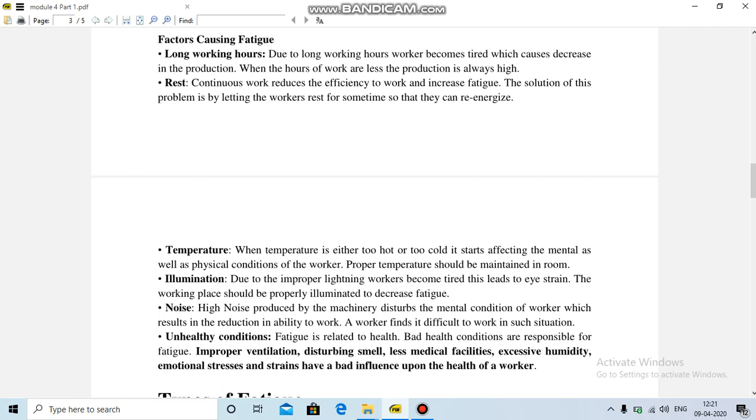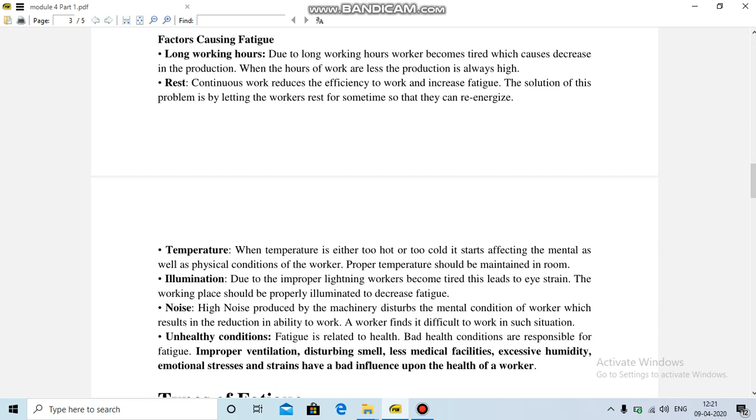Lighting is very important, because he needs concentration for a longer time to do the same job, maybe a precise job. Illumination can affect his eye, brain, etc. Noise, unhealthy conditions like improper ventilation, smell, less medical facility, excessive humidity, emotional stress and strain due to the bad influence of the worker, maybe the pressurized situation from the employer or the top management.